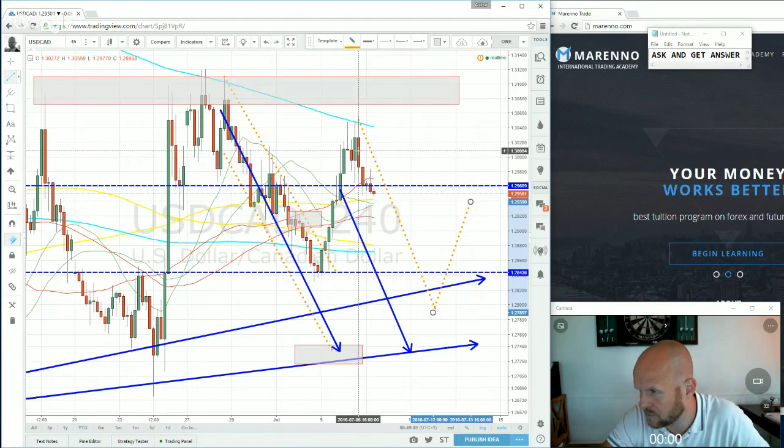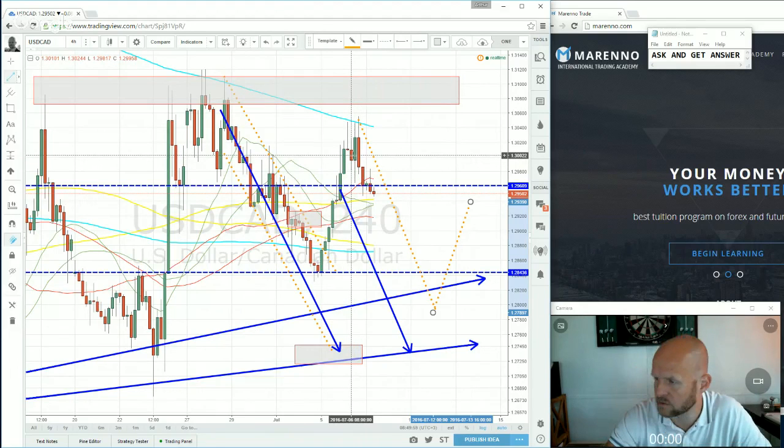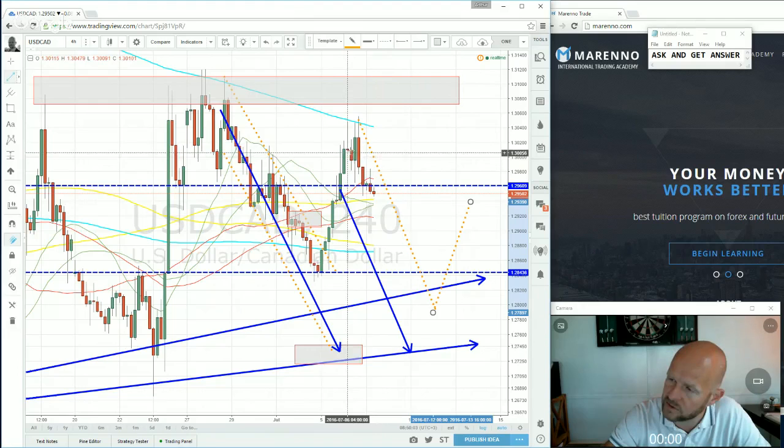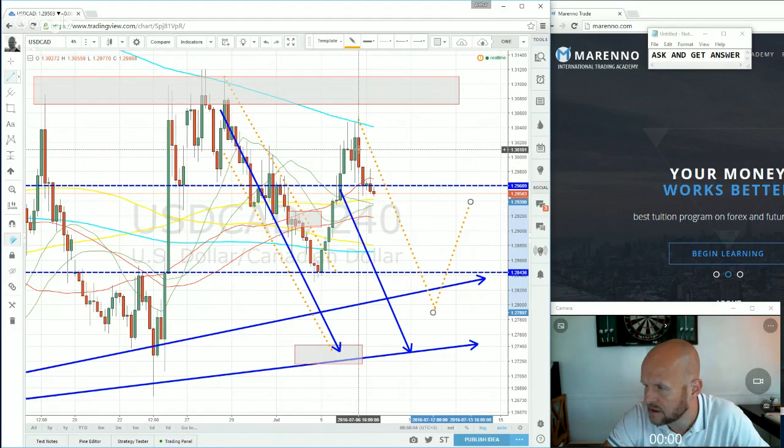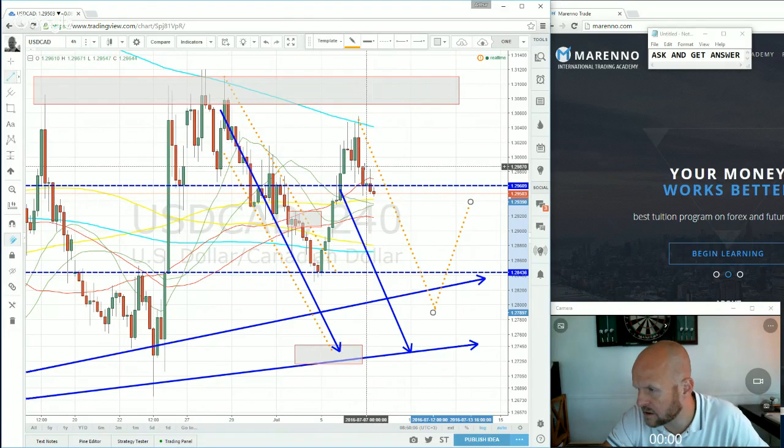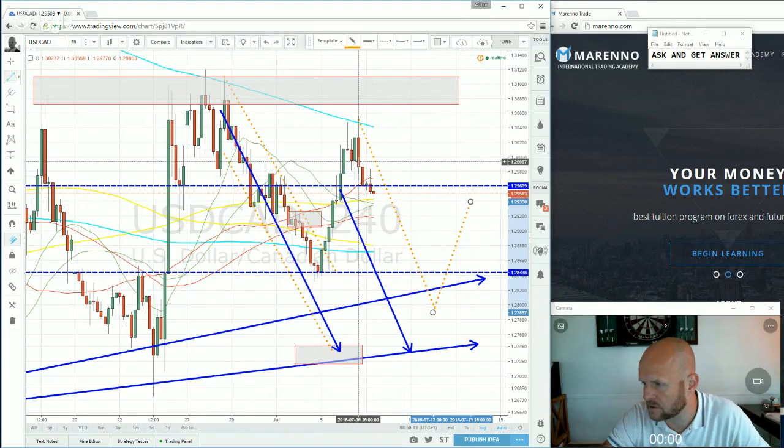Those of you who have missed this entry here, that was the first entry, and it all depends on what kind of stop loss you've been using. If your stop loss has been triggered here, then you had another opportunity to enter the market here, basically on this candle close.